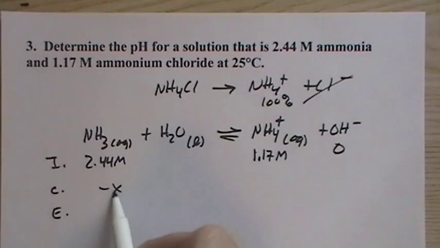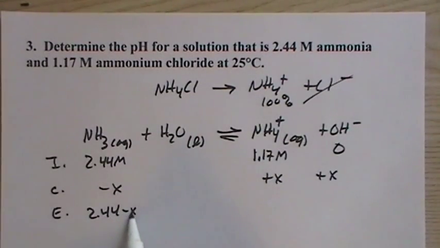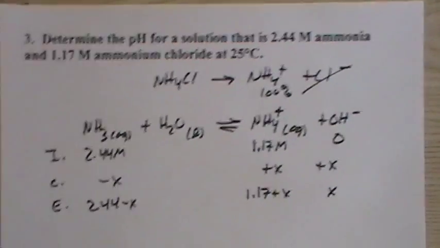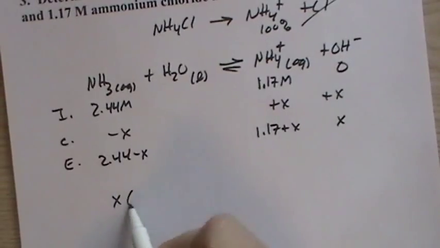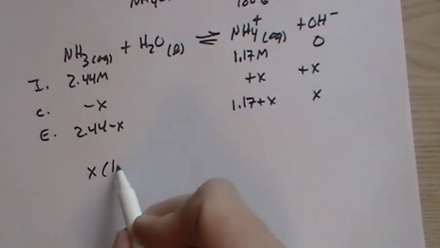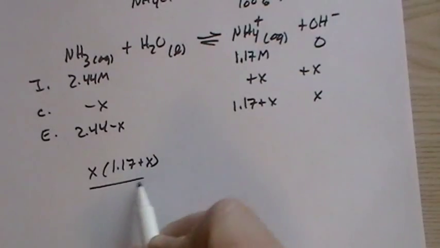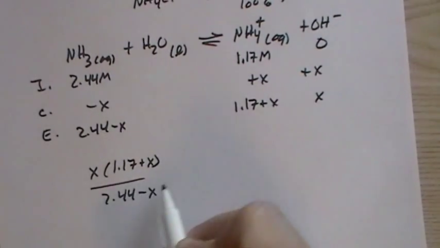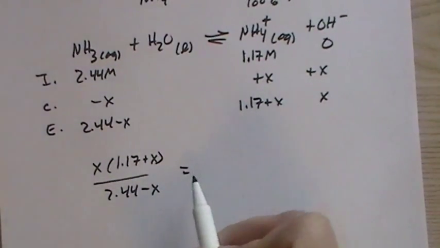This is 0, minus X, plus X, plus X: 2.44 minus X, 1.17 plus X, X. Set it up. 1.17 plus X over 2.44 minus X is equal to the Kb.